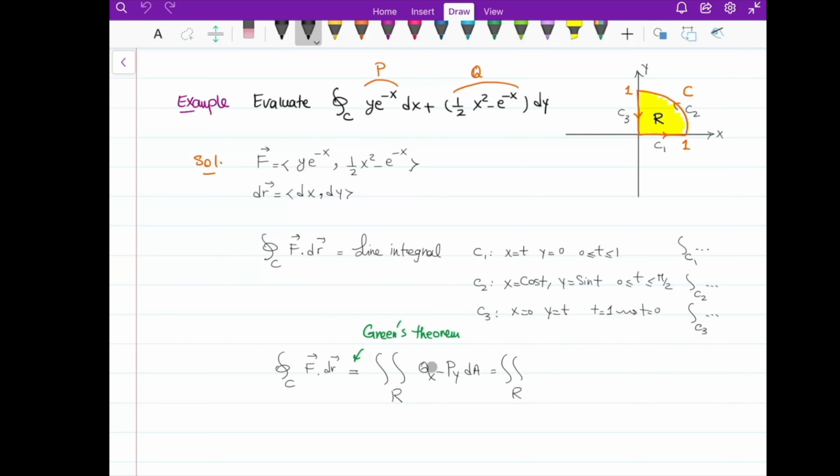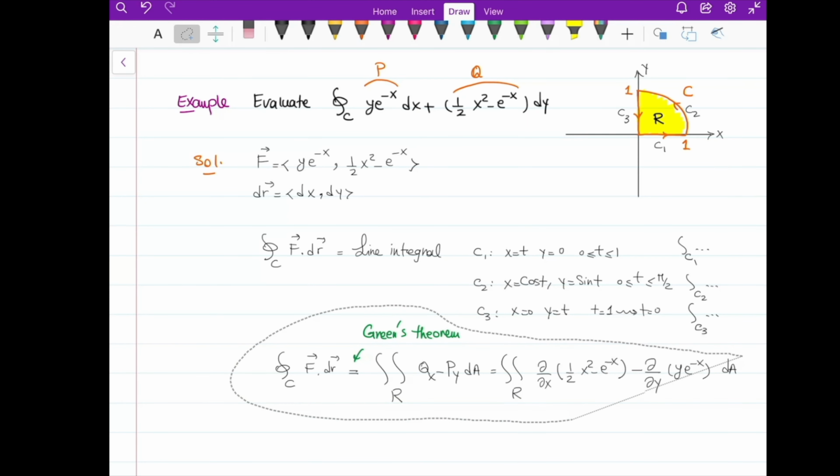So q with respect to x. Take the derivative of that with respect to x. It would be x plus e to the negative x, right? Actually, let me write this. Derivative with respect to x of 1/2 x squared minus e to the negative x, minus the partial derivative of p with respect to y, e to the negative x, and then dA.